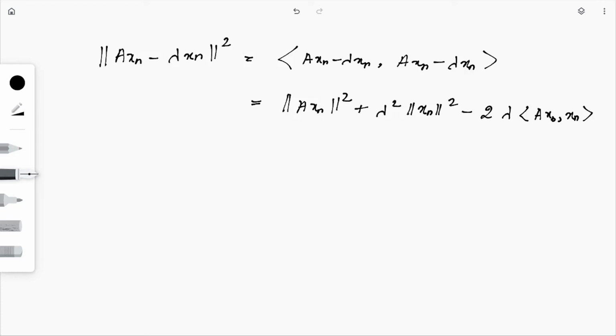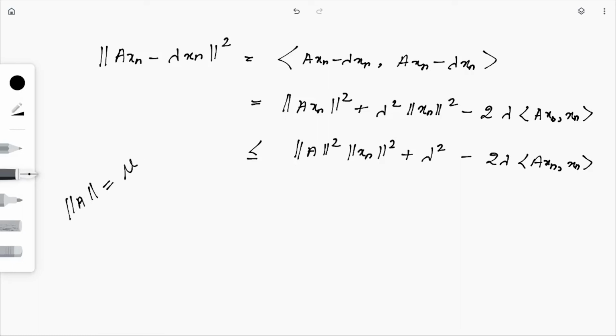So what is norm of XN square? That is 1. And this norm of AXN square, I can write as less than or equal to norm of A square into norm of XN square, right? So this will be lambda square into 1 minus 2 times lambda into inner product AXN, XN. Now norm of A was nothing but mu, not mu square, sorry.